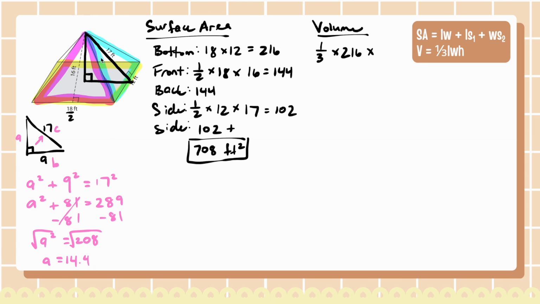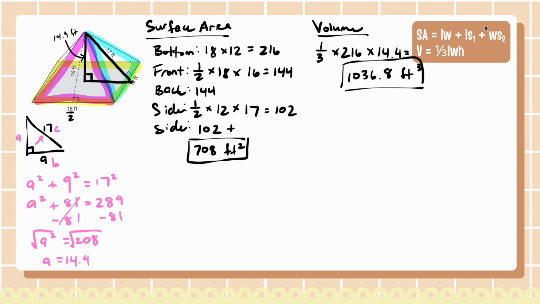So what we solved for was this height of the pyramid, and we're just going to go ahead and label this 14.4 feet. And this is what we're going to be multiplying here to find the volume. So I'm going to be multiplying this by 14.4. All of this multiplied is going to get me 1036.8 feet cubed. And that's the volume.